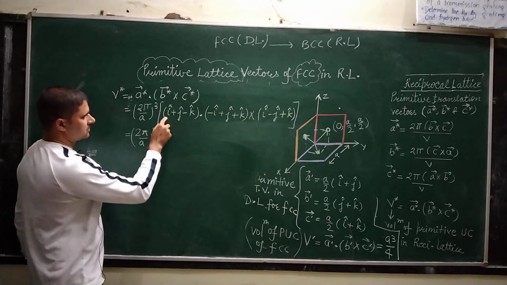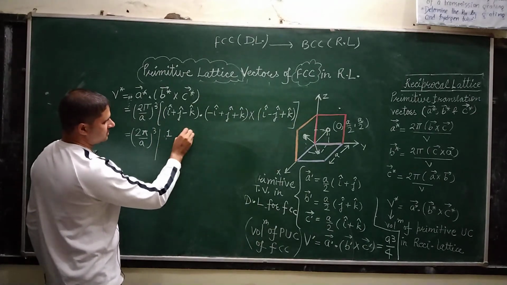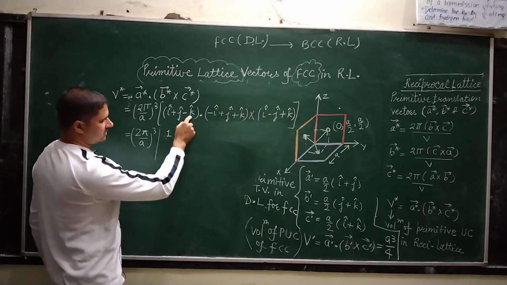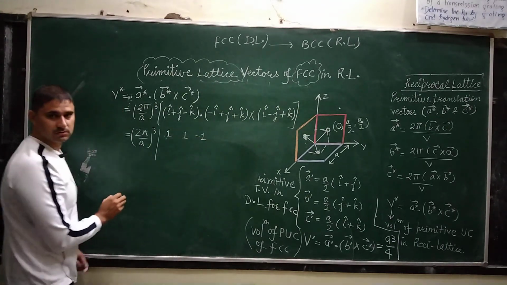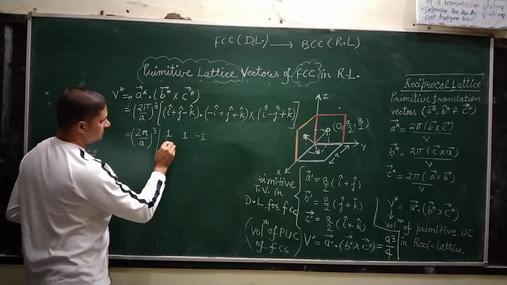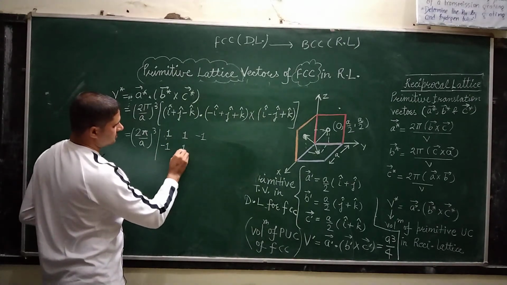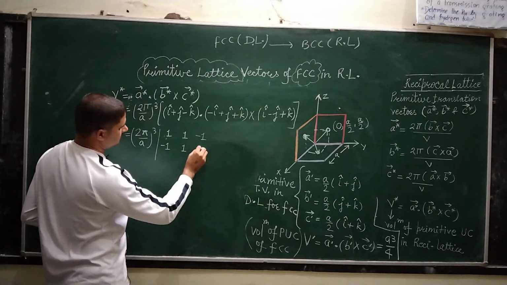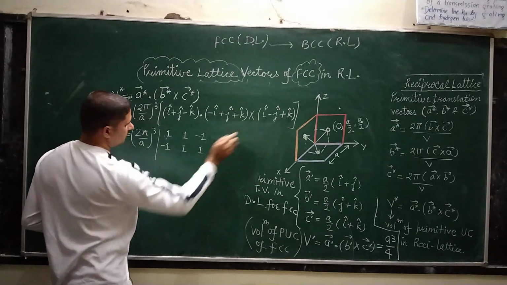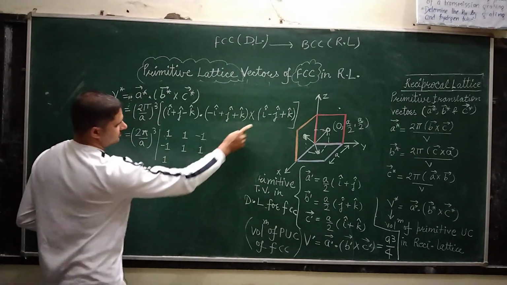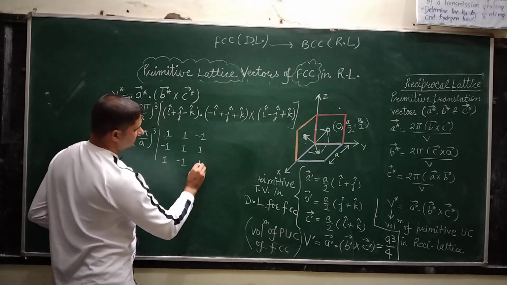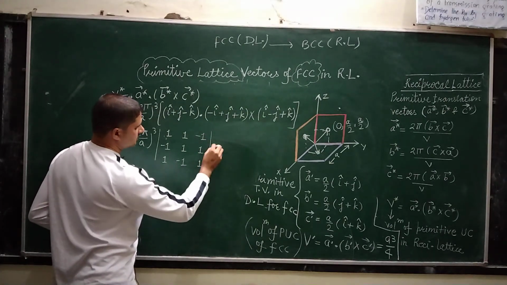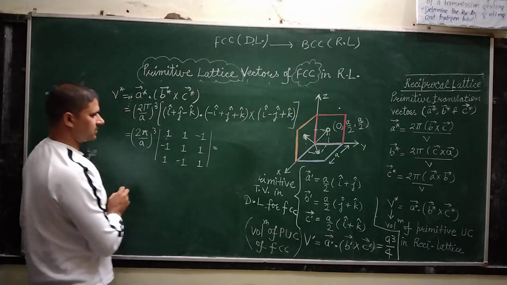So here the coefficient is unity, along j it is unity, and here it is minus 1. Okay, and then you have minus 1, plus 1 and then plus 1, and here it is 1 and then minus 1 and then plus 1. So you will solve it. Okay class, pause sir.